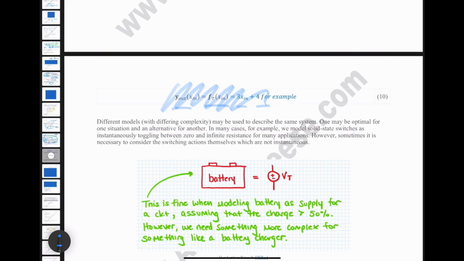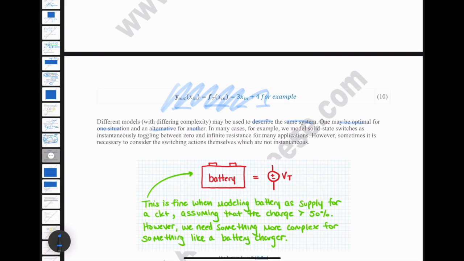Now, different models with differing levels of complexity may be used to describe the same system. This is especially evident in a course like electronics, where for something like a MOSFET or a diode, we may have 3 or 4 different models that we use in different situations to represent that component. One model may be optimal for one situation and an alternative for another.